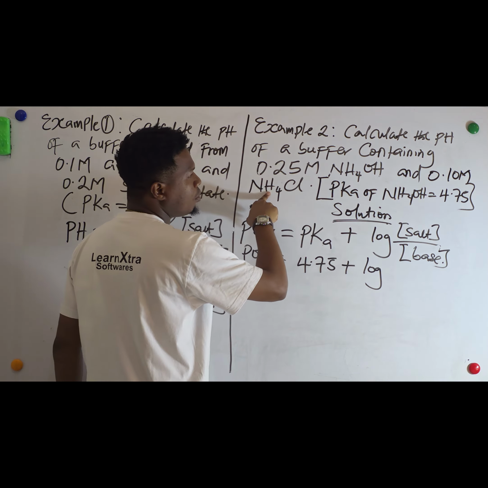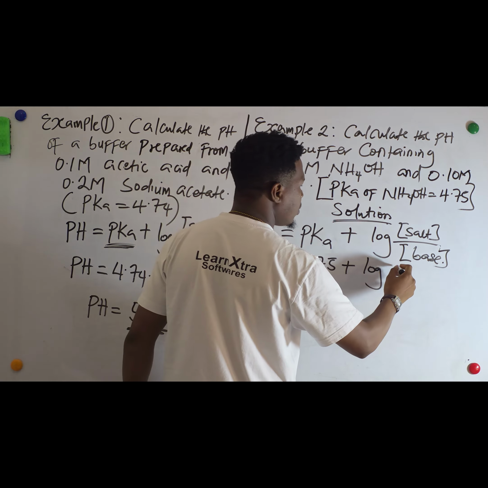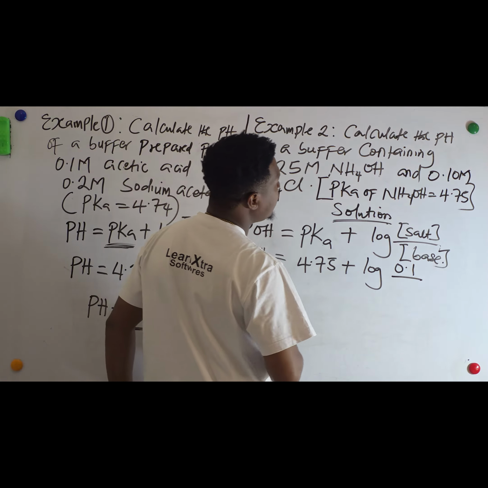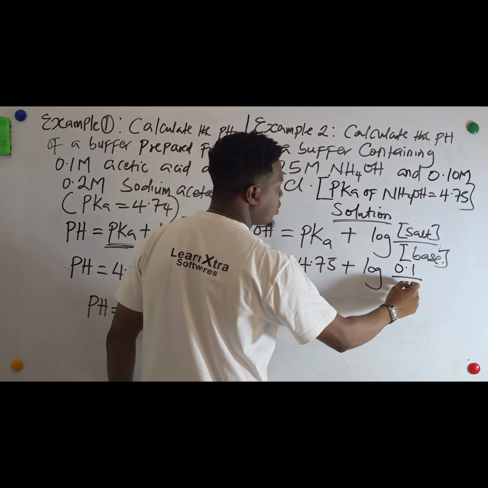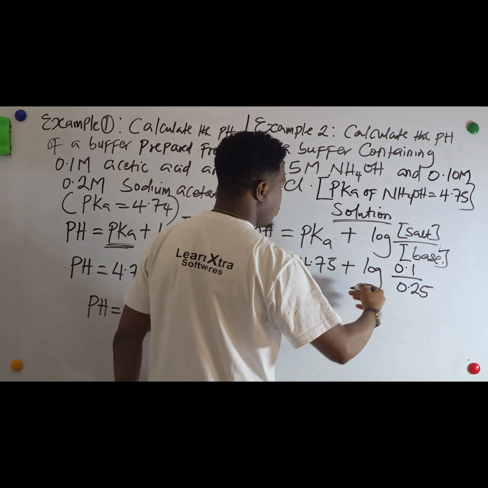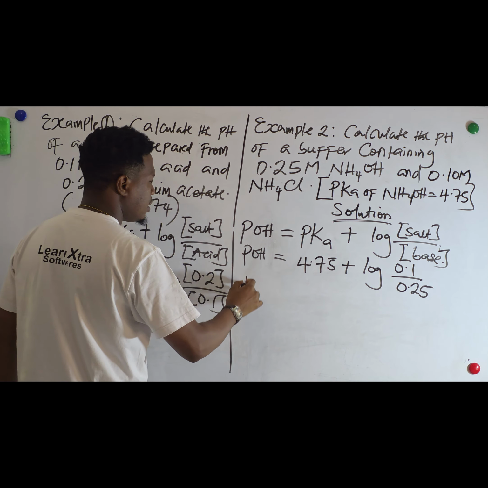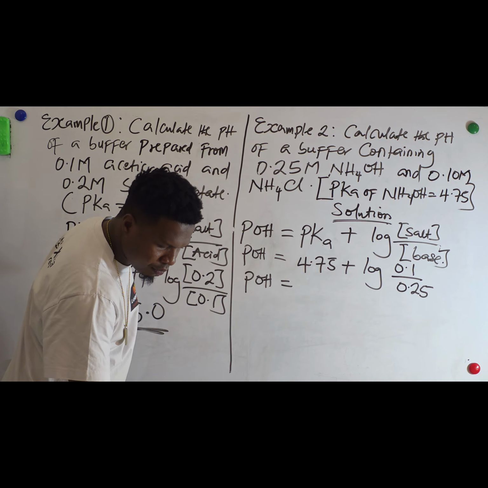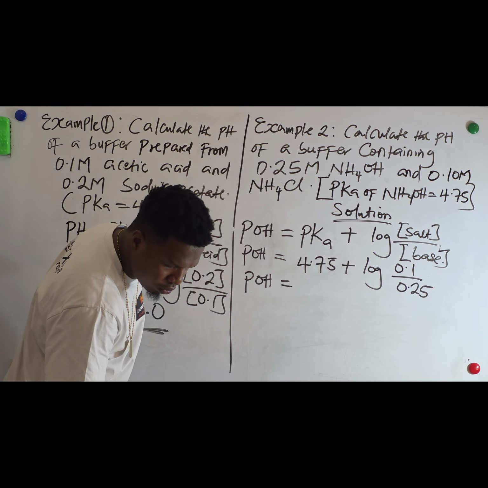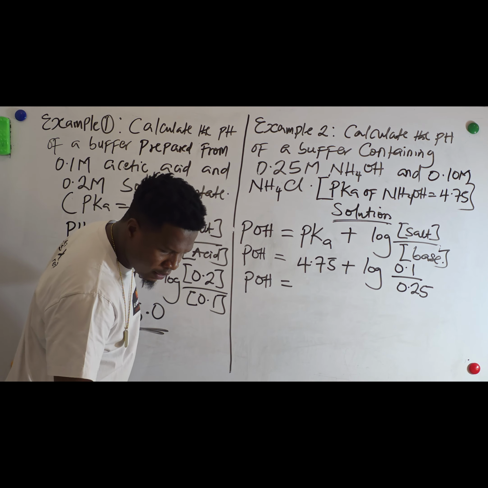Where is the salt? Ammonium chloride, 0.1. So we're going to have 0.1 over that of the base, which is 0.25. When you divide this and add to this, the pOH will be equal to 4.35.